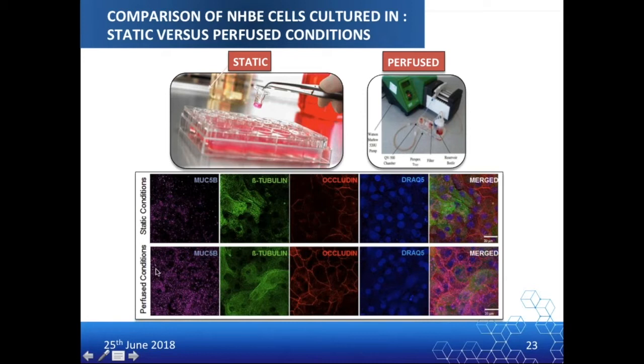And this we could measure by production of mucus, as shown by MUC5B marking, by cilia differentiation, as shown by beta-tubulin, and by tight junctions, as shown by occludin. And here you can see a merge of all those markers, and you can easily see that under perfused conditions, the cells simply look more differentiated.